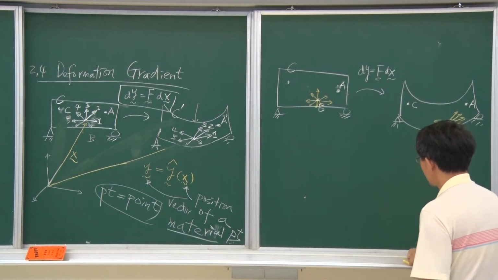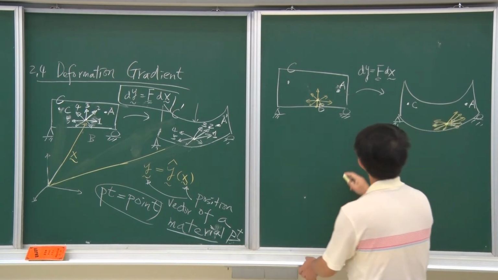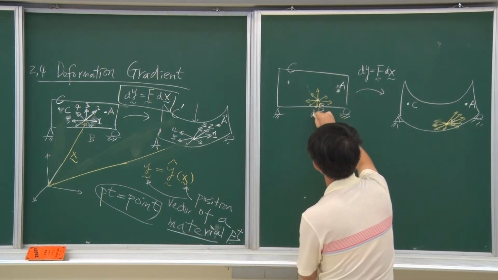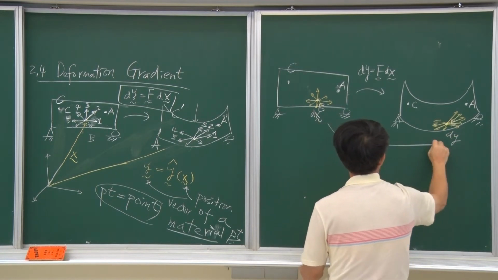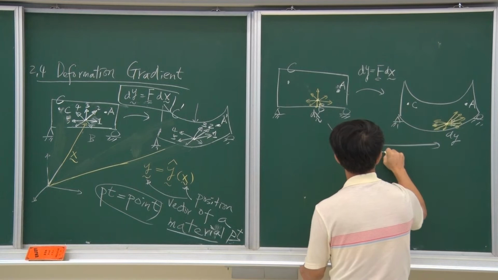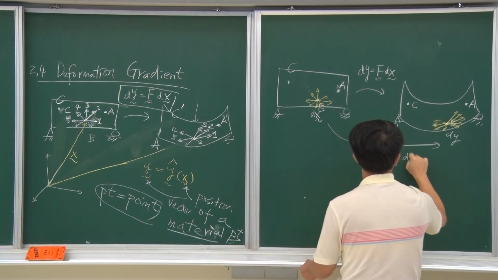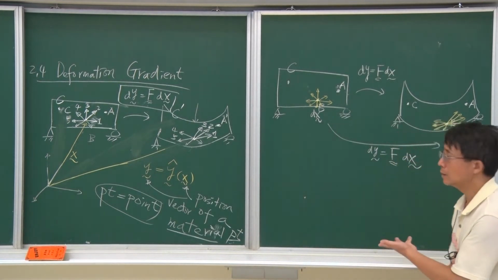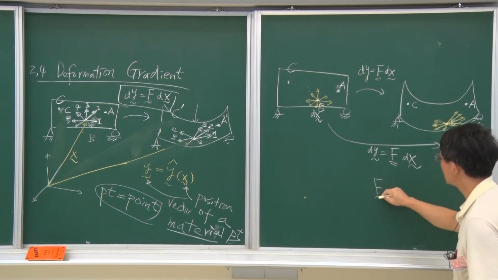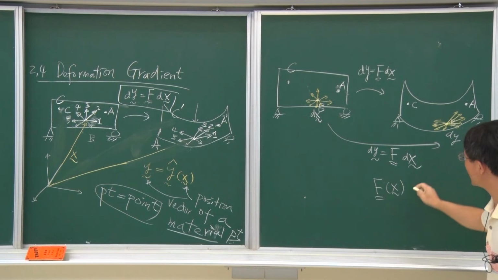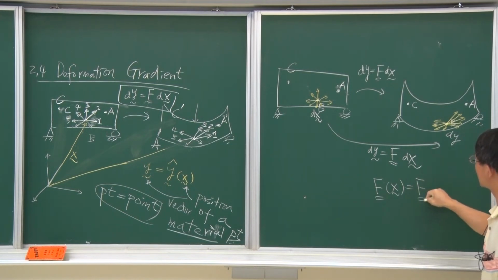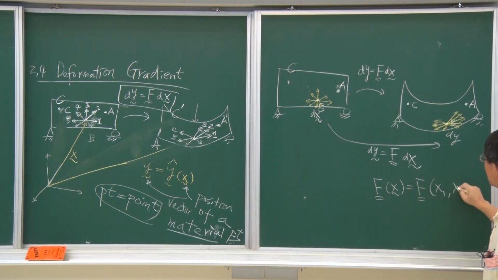And this dx and this dy will be connected by this relation. See here, f is a function of x, which means that at different material points, this matrix will not be the same.